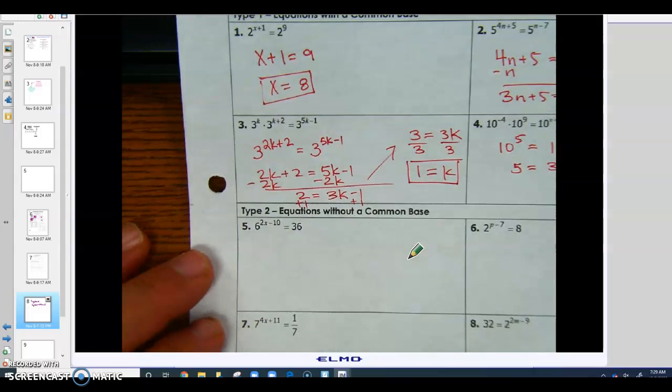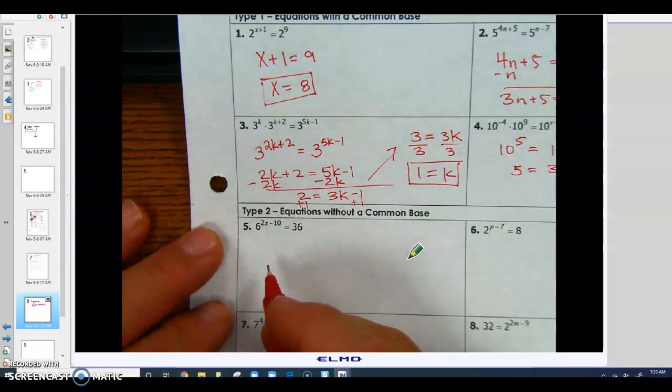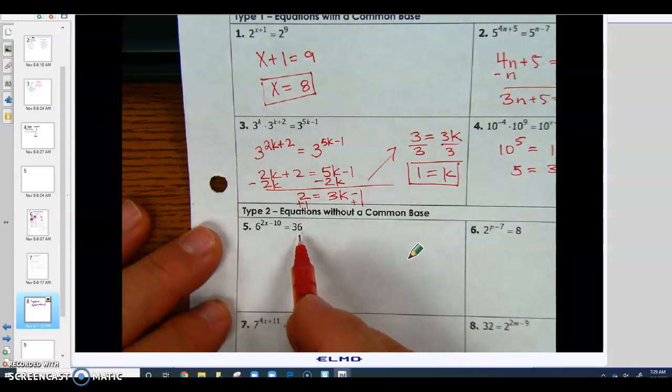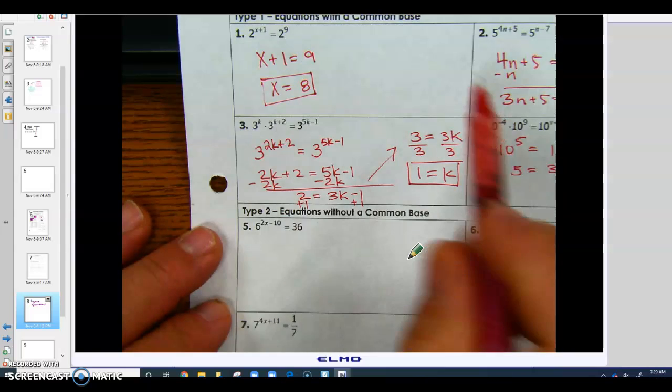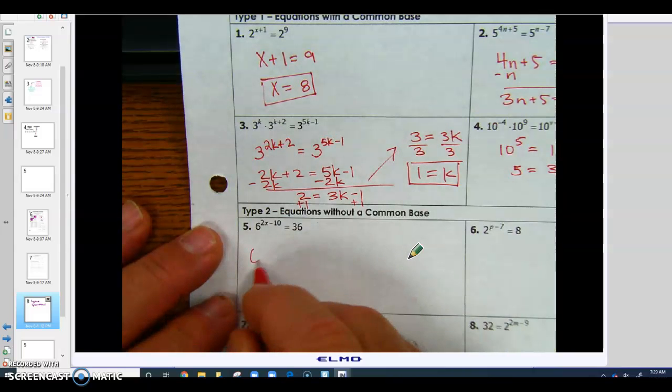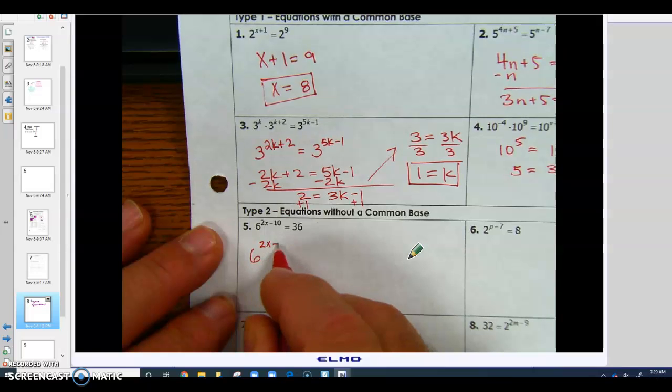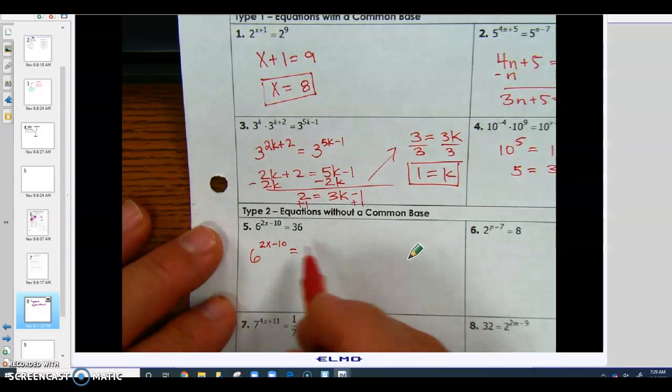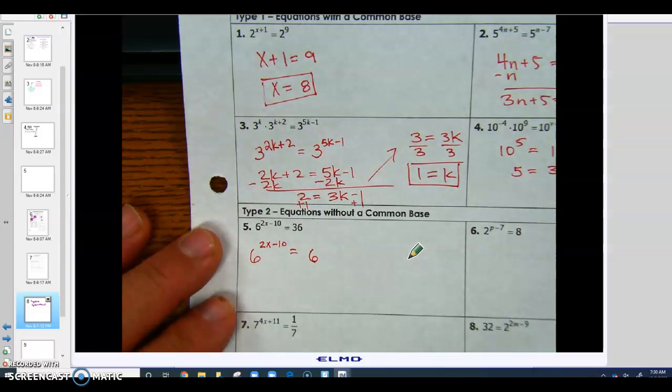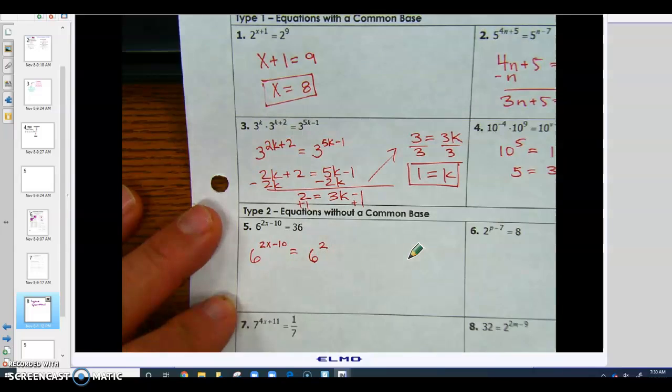All right, now, this is where, okay, step 1 is done here. There's nothing to simplify over here. There's nothing to simplify over here, but step 2, we don't have the same base. So what we're trying to do here is rewrite 36 as 6 to the power of something. Well, we all know that 36 is 6 to the power of 2.